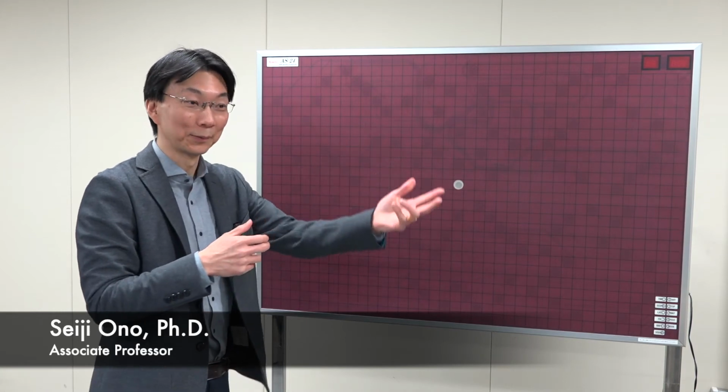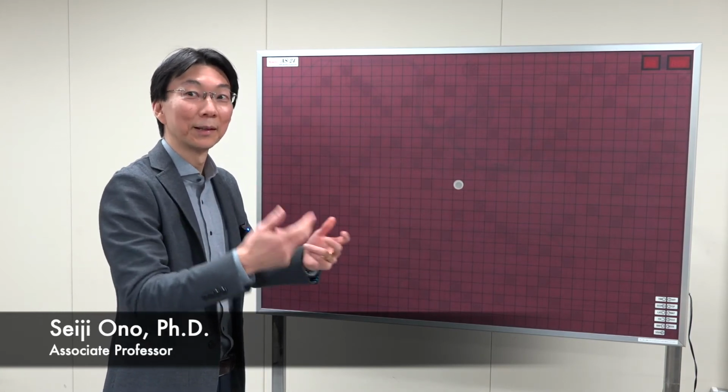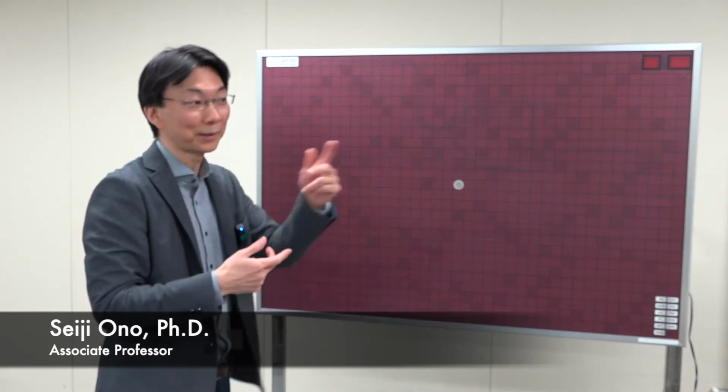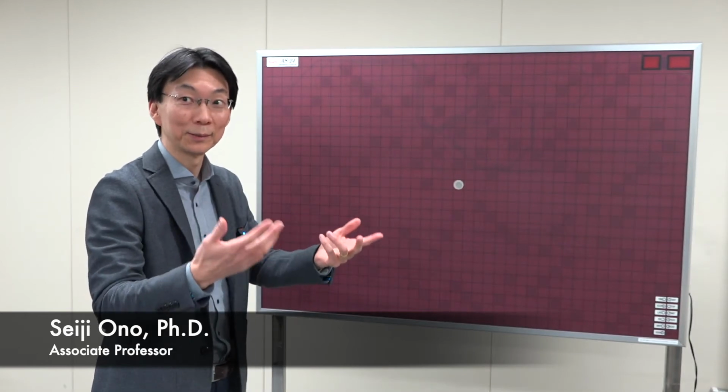In many sports we need eye-hand coordination, when I catch the ball, when I hit the ball, it's very important. When I look at something, we need to reach or catch it. So this is a basic ability test for eye-hand coordination.